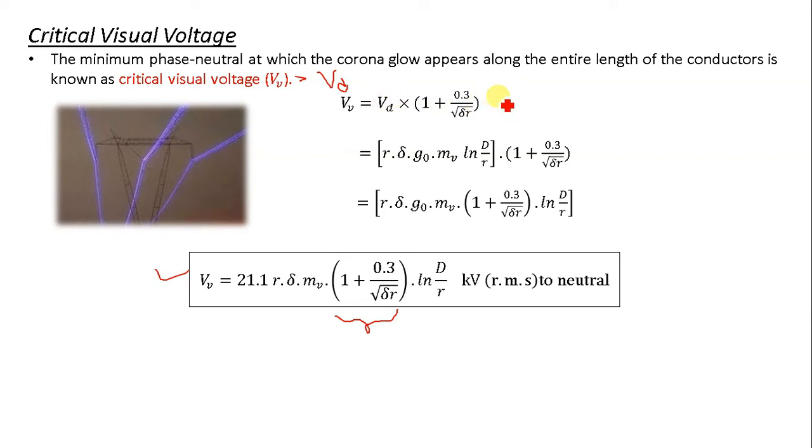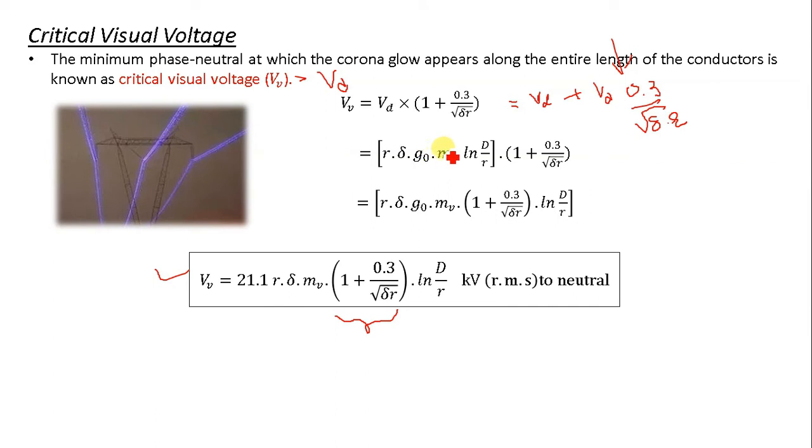If you simplify it, opening the bracket and multiplying by Vd, you get Vd plus Vd multiplied by 0.3 over the square root of delta into r. Otherwise Vv would be equal to Vd, but this whole term is added, and this can be done only by using experiment. That is why it is known as an empirical formula.